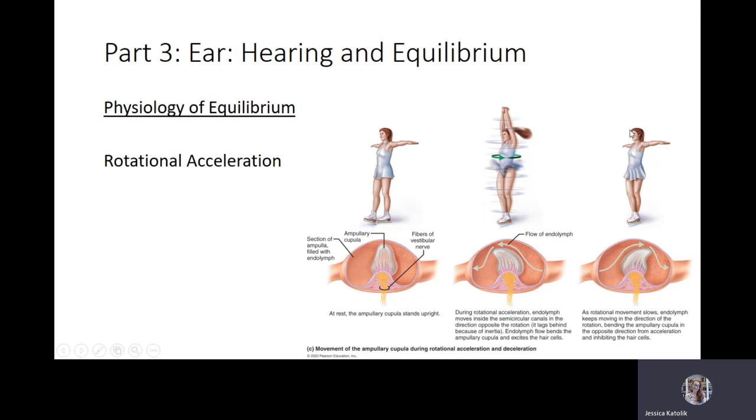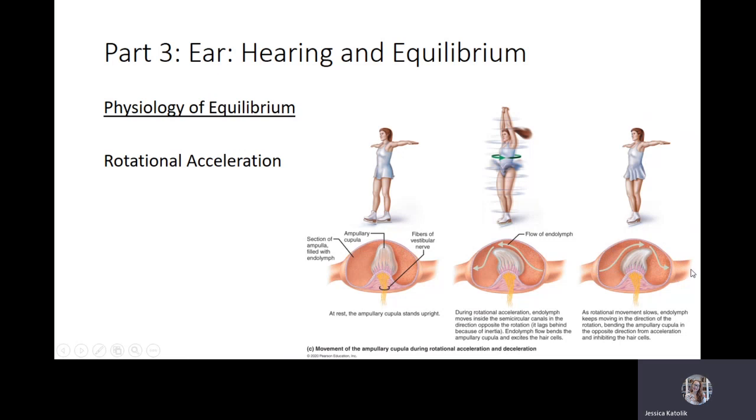Take note that when the figure skater stops spinning, the semicircular canals will stop spinning along with her, but the endolymph will continue moving in that same direction as the rotation occurred. So first it will go backwards and then it will slosh and move the opposite direction, following the direction that the individual was rotating.